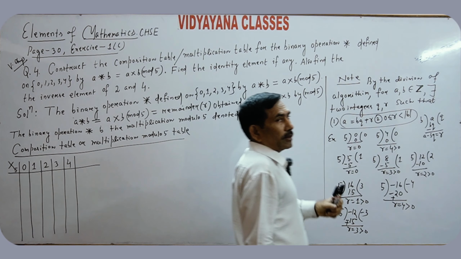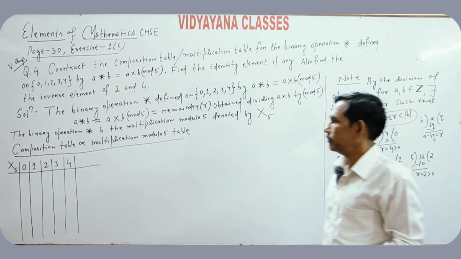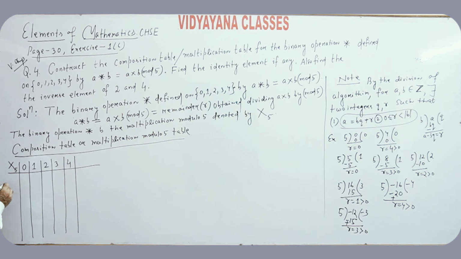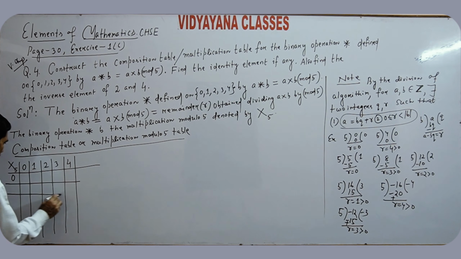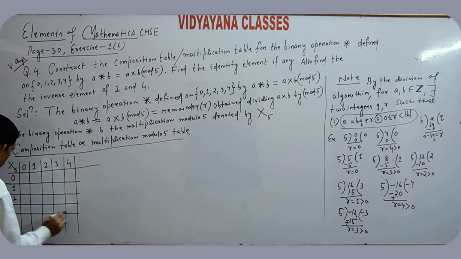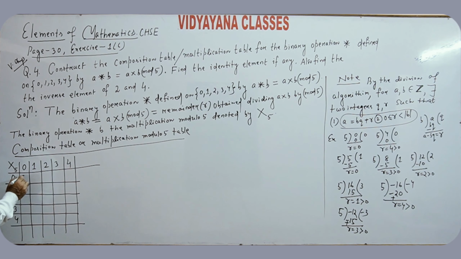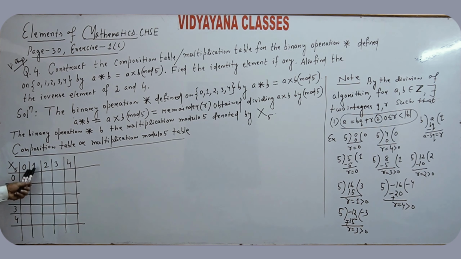The binary operation star defined on the set {0, 1, 2, 3, 4}. 0 into 0, that is equal to 0. 5 divides 0 gives the remainder 0. 0 into 1, that is equal to 0. 5 divides 0 gives 0. 0 into 2, that is 0. 5 divides 0 gives the remainder 0. 0 into 3, 0. 5 divides 0 gives 0.